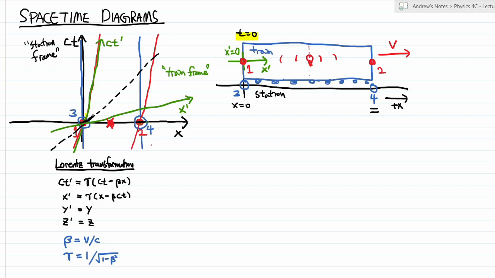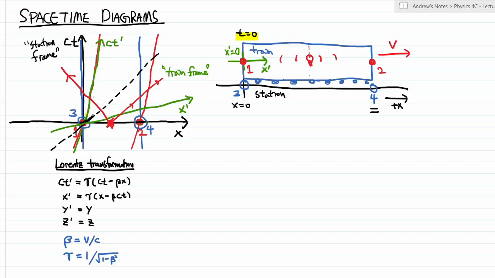So I need to draw the world line of the light. There's the light that travels towards the front of the train. Note that I'm trying to draw it parallel to this light world line that I've drawn before. And there's the light that travels towards the back of the train. And this time I'm trying to draw it perpendicular to the light world line I've drawn before.